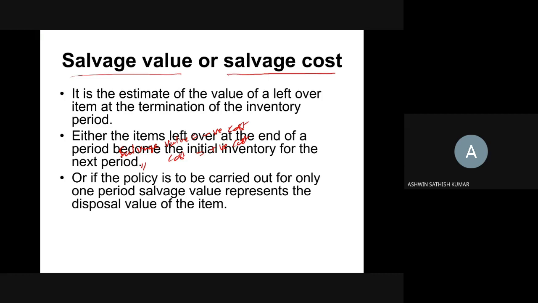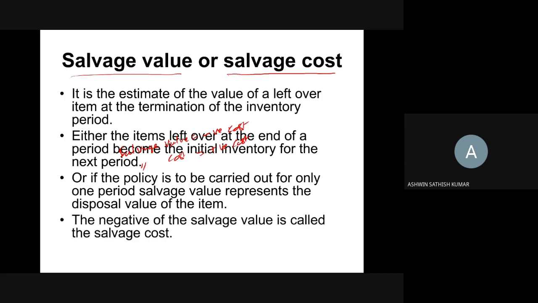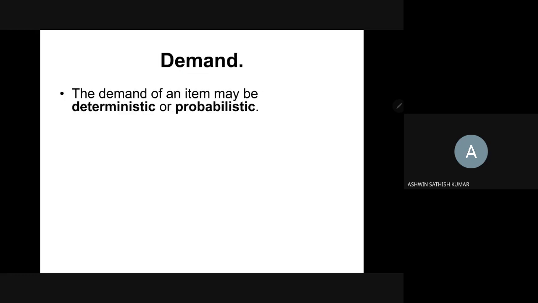Means salvage value is how you are disposing the leftover item. So salvage value is the negative cost, and salvage cost is the positive cost for the leftover item. The negative of the salvage value is called the salvage cost. So that we will do in next class.